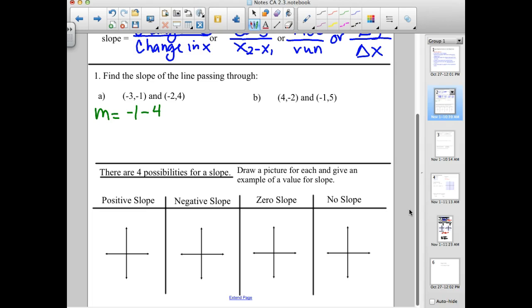Okay, so if I do -1 minus 4, I have to do -3 minus -2. On the top, I get -5. On the bottom, I get -1, which gives me a slope of just 5. Yes? Okay. Go ahead and do part B.